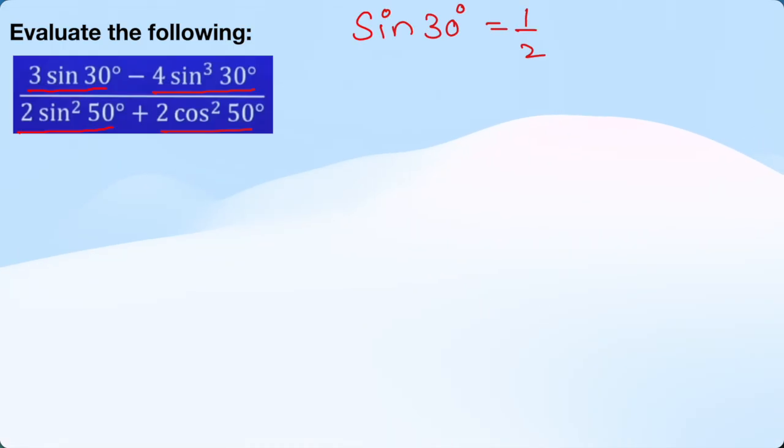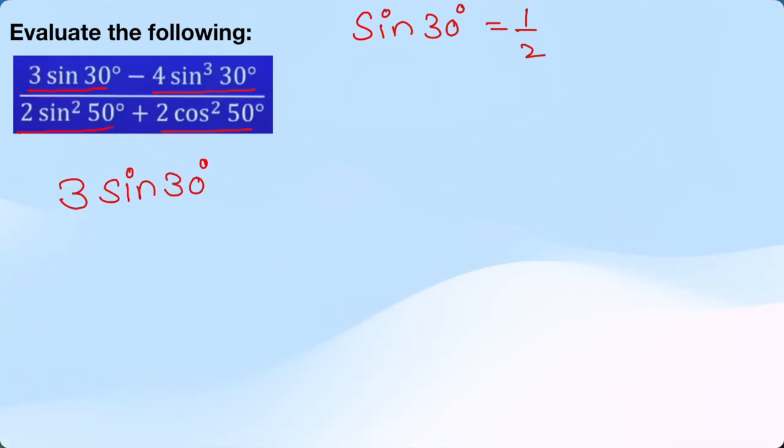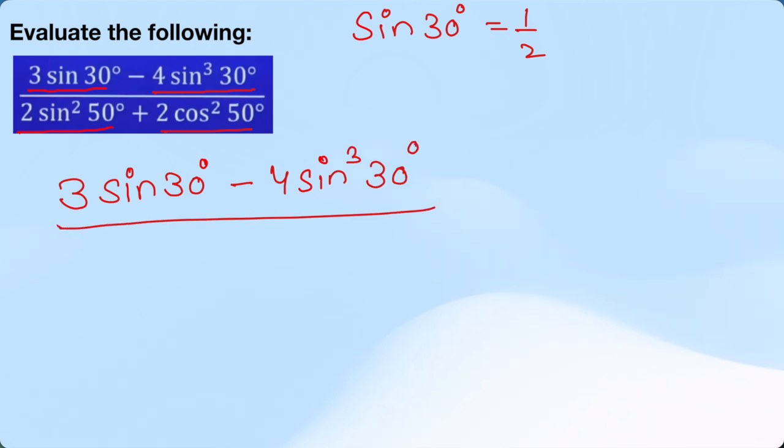But what about cos 50 and sine 50? We haven't learned these ratios, right? So what we can do here is, see, if I take the 2 common from the base, it will be 3 sine 30 degree minus 4 sine cube 30 degree divided by this and this. If I take 2 common, what will be left?